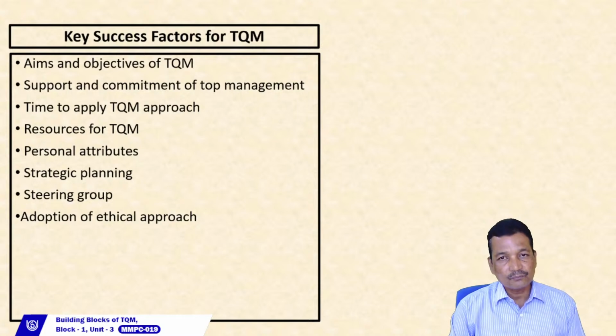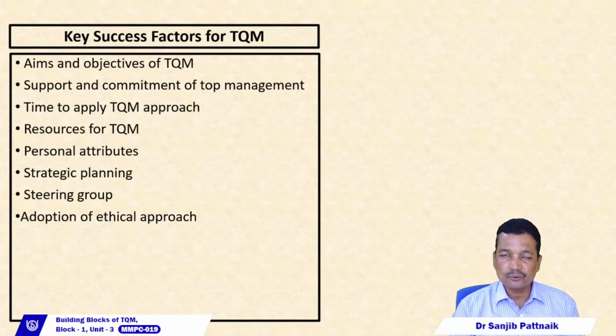A group will be formed in the organization, cutting across various departments or functional areas, or the conversion process points. They will be directing how to go for the total quality management.